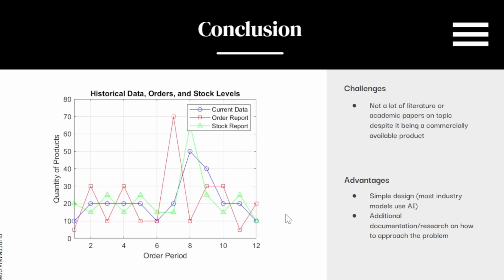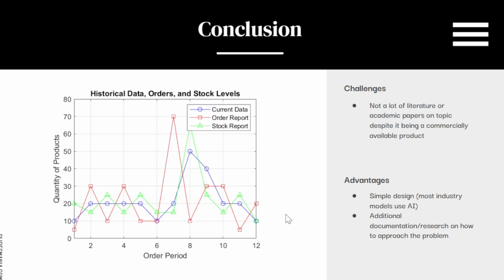And as a conclusion, we made this model, and we found that one of the big challenges was that there wasn't a lot of literature or academic papers or technical details on how to do a model like this. We felt that this was highly because this is a commercially available product. This is going to be a trade secret that these companies don't want getting out because this is a very valuable tool for them as a business.